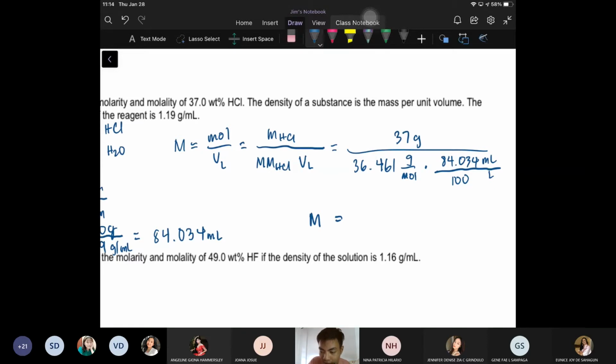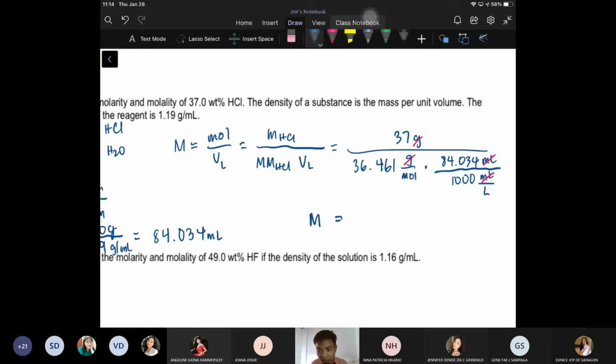Okay. So, yan. Let's check if the units will cancel. Cancel yung grams, cancel yung ml. So, we're left with mole and liter. So, what's the final answer in 3 decimal places? 37 divided by 36.461 divided by 1,000. Dinig na dinig yung calcu, no?